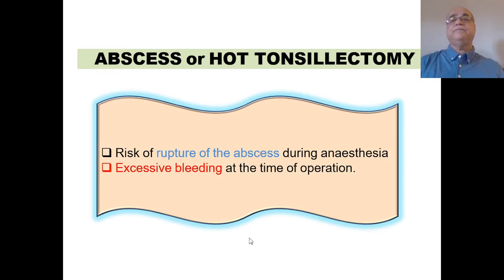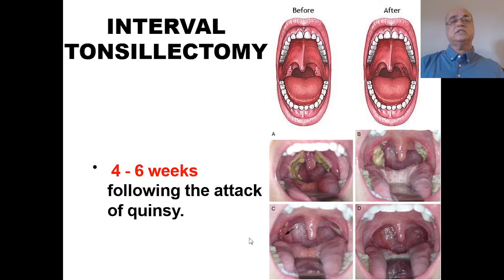So that is the reason that usually people are in favor of going for conservative management and incision and drainage of the quinsy instead of embarking on hot tonsillectomy, and later on there should be what we call interval tonsillectomy, which means that after 4 to 6 weeks following the attack of quinsy, the patient should be subjected to tonsillectomy.